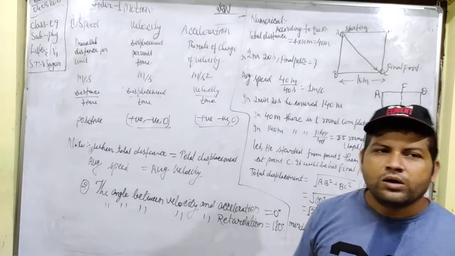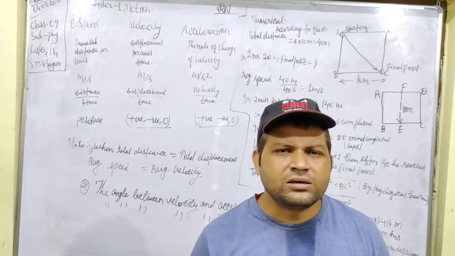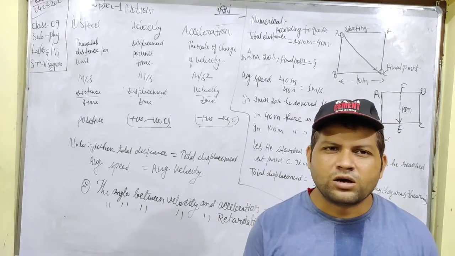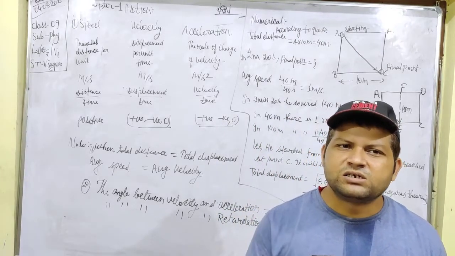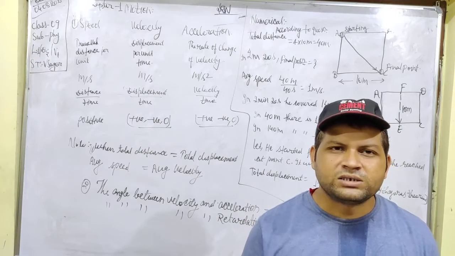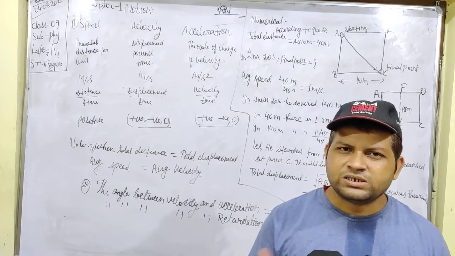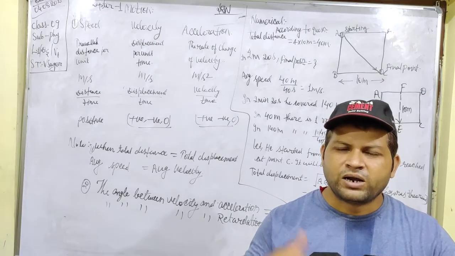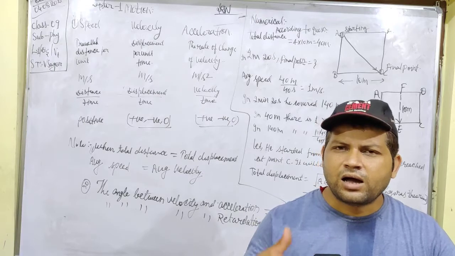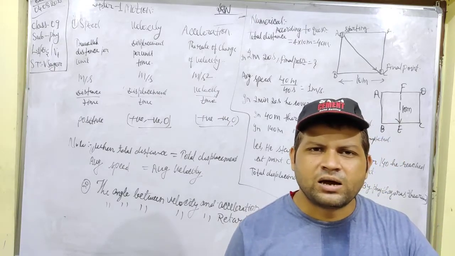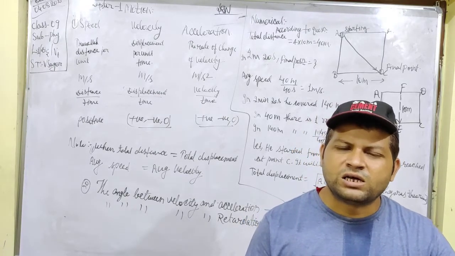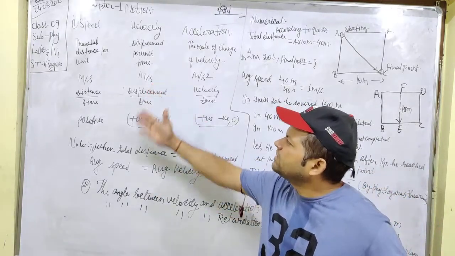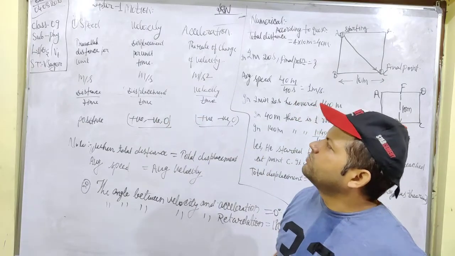You have seen a body that is moving along the road in a fixed direction. We say that the body is traveling a distance per unit time, and for it we derived a physical quantity called speed. So speed is the travelled distance per unit time.